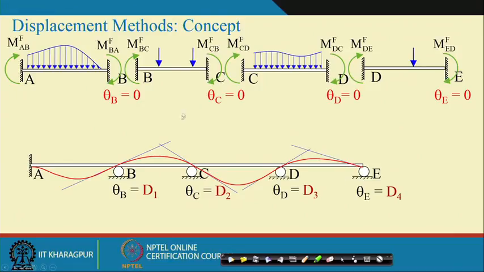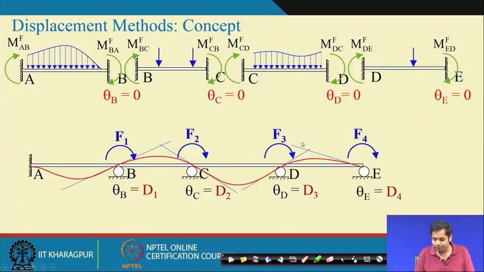Suppose these displacements are written as d1, d2, d3, d4, and suppose the corresponding moments at B, C, D, E are F1, F2, F3, F4. By application of those moments, we can have a deformed shape like this.